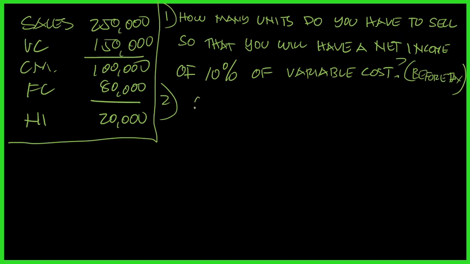And then question number 2, it's the same. How many units do you have to sell if you want to have a net income of at least 10% of variable cost? But this one is net income after tax of 30%.